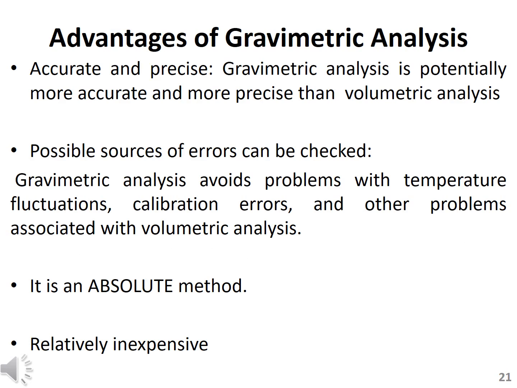This gravimetric analysis is very accurate and precise when using modern analytical balance, and possible sources of errors are readily checked, since filtrates can be tested for completeness of precipitation, and precipitates may be examined for the presence of impurities.